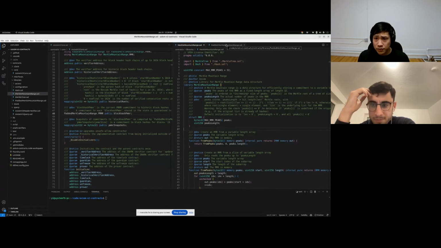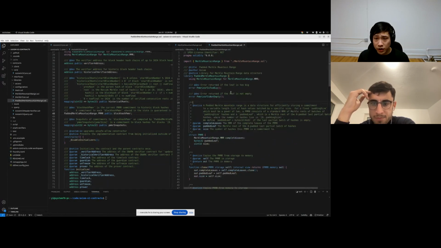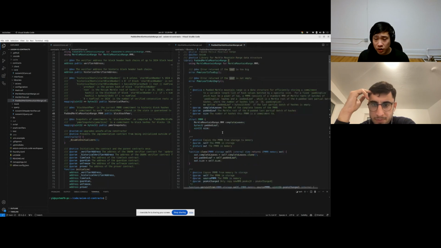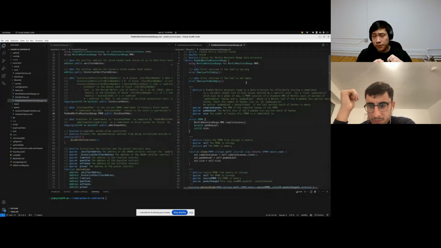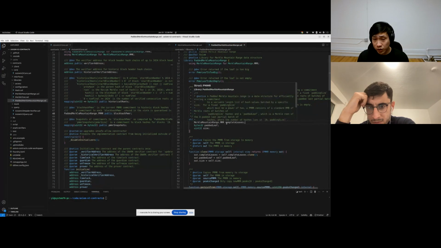So instead, we keep a padded Merkle mountain range, which consists of a Merkle mountain range with only Merkle roots of depth at least 10. We group the block hashes into groups of 1024 and create a Merkle mountain range over the Merkle roots of groups of size 1024.